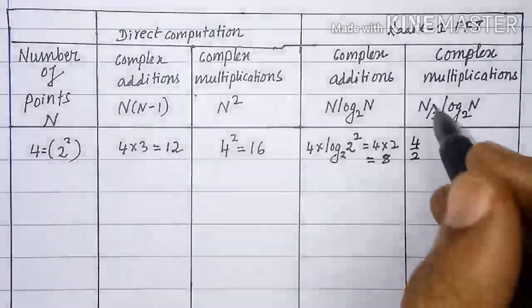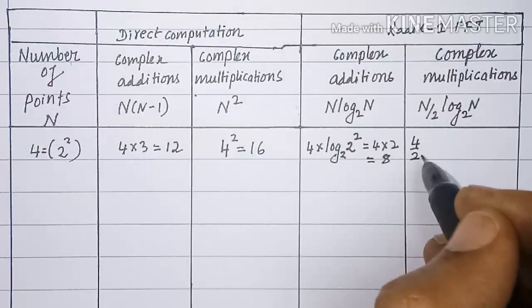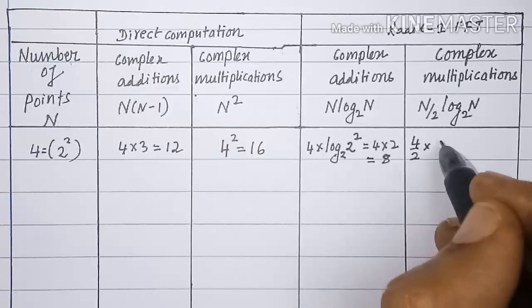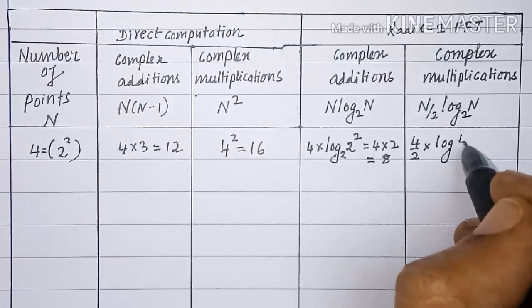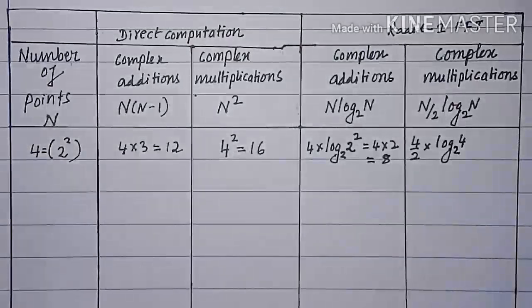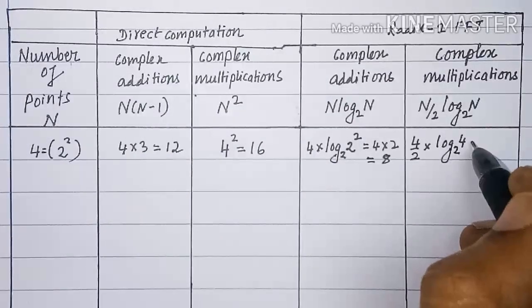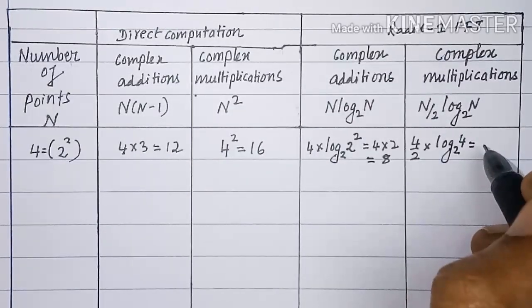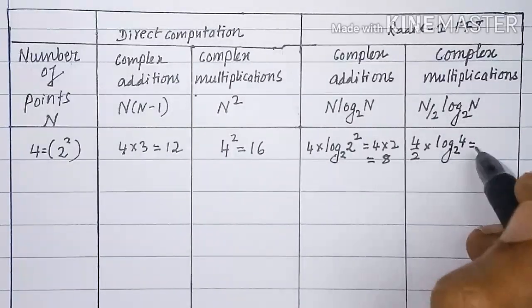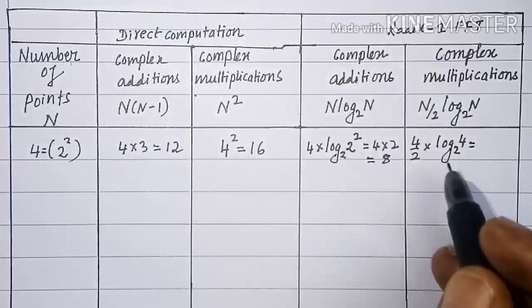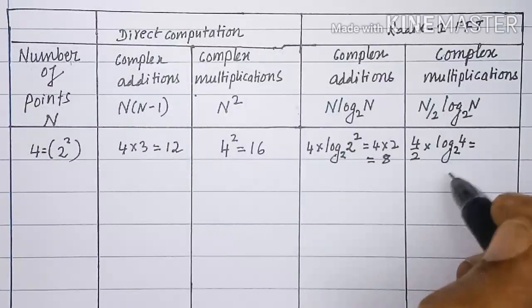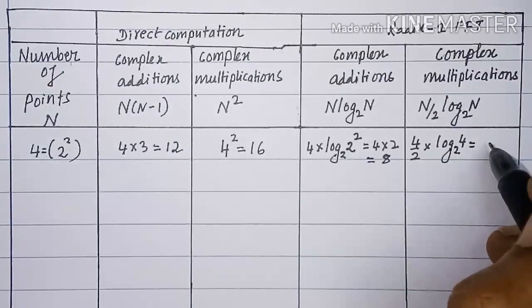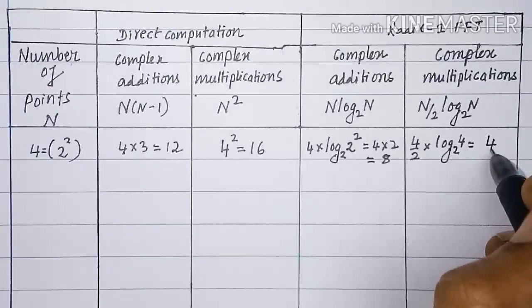Complex multiplication number is capital N by 2, that is 4 by 2, into log 4 to the base 2. It will be 4 by 2 into 2, that is equal to 4 only.